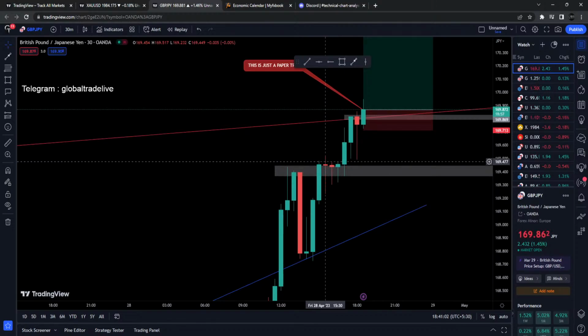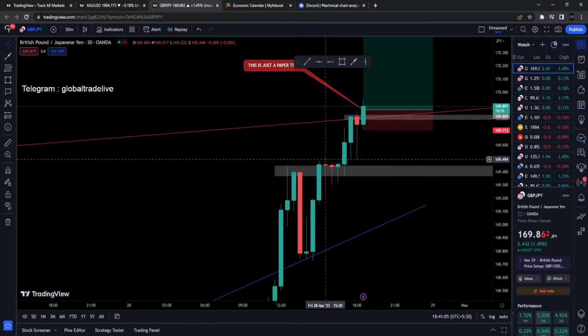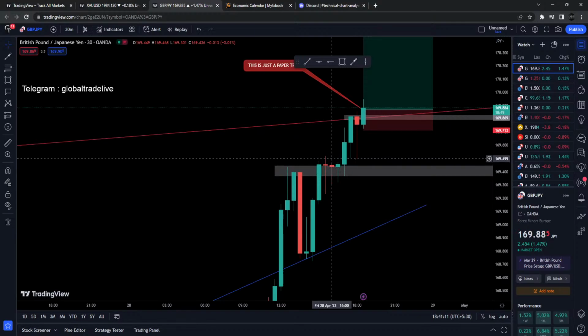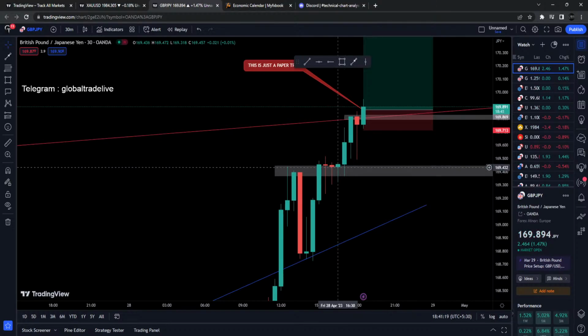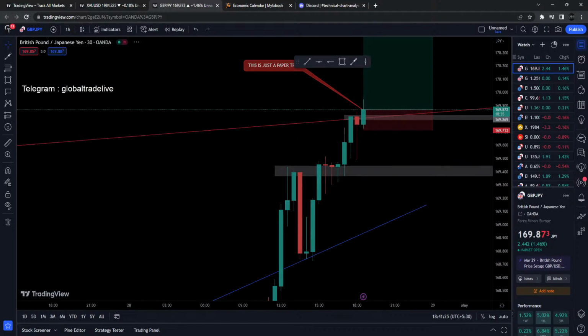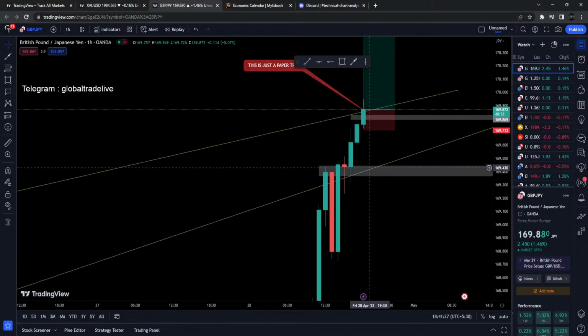So you took this trade on this 30-minute candle, and it went down, and then you had another one. Yeah, but the thing is, whenever you see these kind of things happening, just wait for a bigger time frame to make its move.